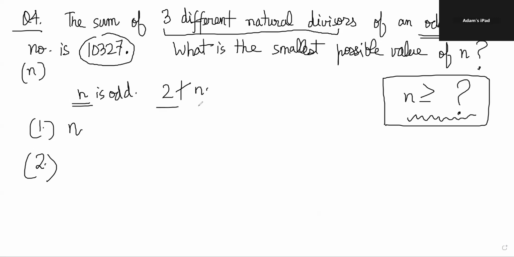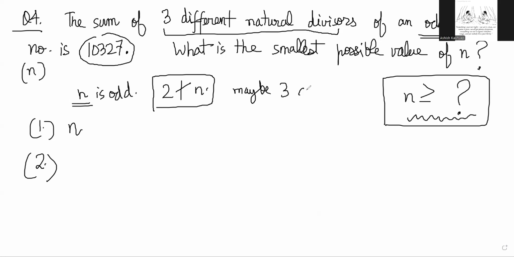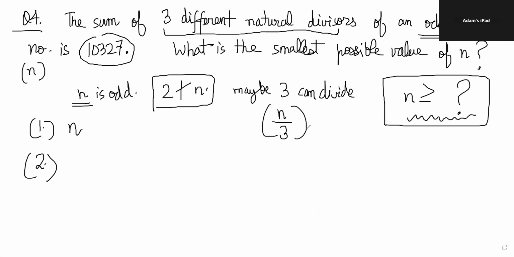Remember, 2 cannot divide n, so n over 3. Maybe 3 can divide n, and if 3 divides n, then n by 3 will also be a divisor. So the largest possible divisor after n will be n by 3. It may or may not be, but this is the largest possible value.